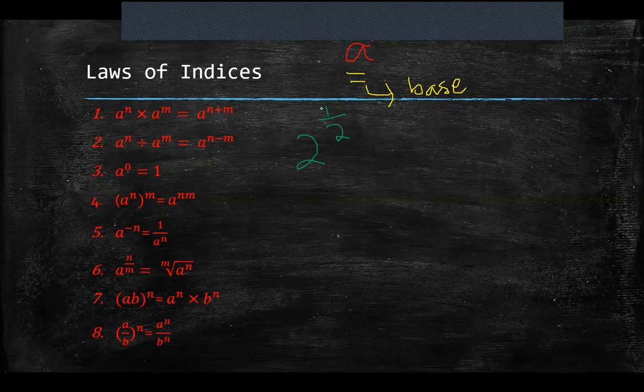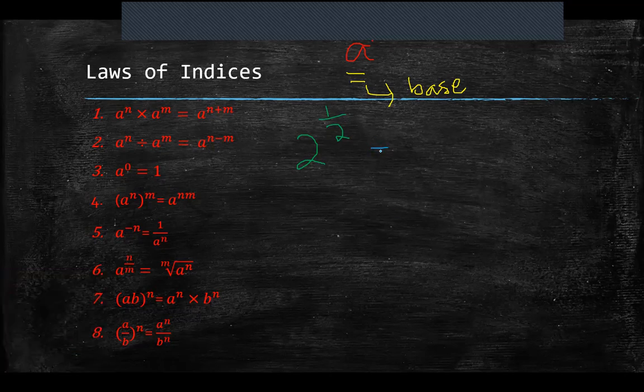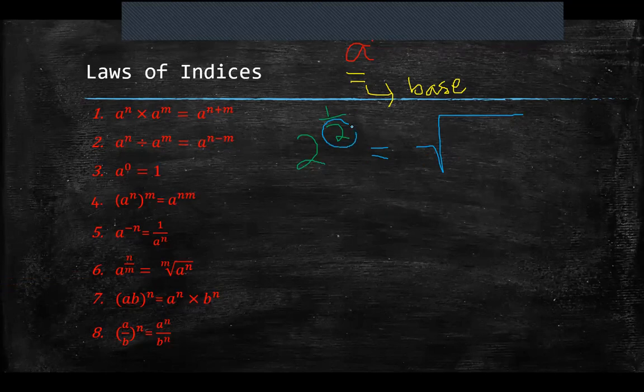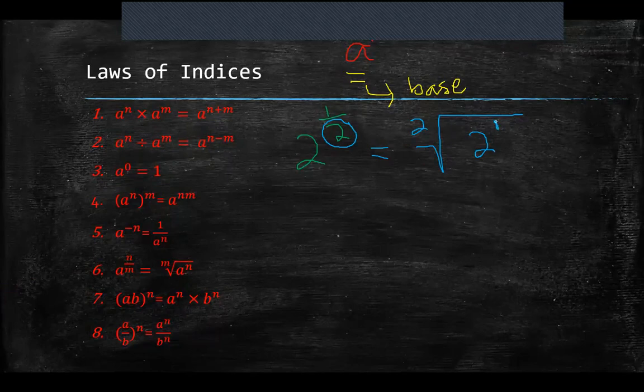So this 1 in my numerator would be N, and then the 2 in my denominator would be M. And according to this rule, this is also equal to, so I put back the root sign, M, which is this denominator right here, goes outside. You put back A as my base, and the numerator comes inside.